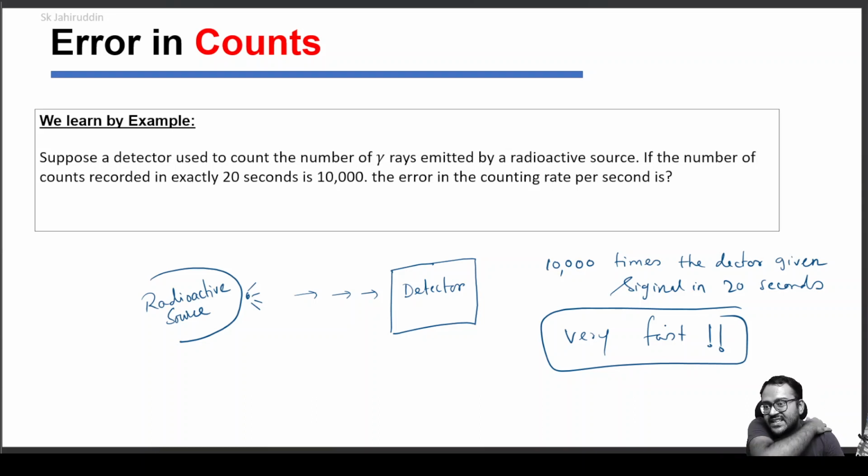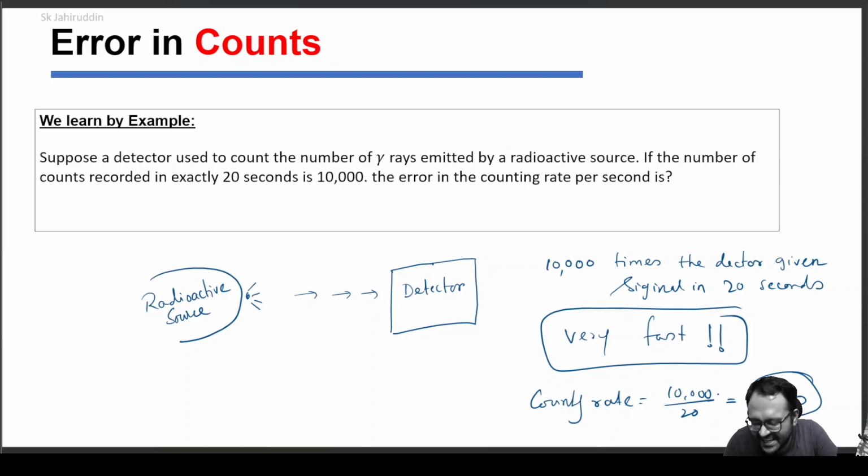The error in the counting rate. What is counting rate? Counting rate is, of course, 10,000 by 20, so it's 1,000 by 2. It's 500. So what is the error in this rate? Counting rate is 500, but it may vary.